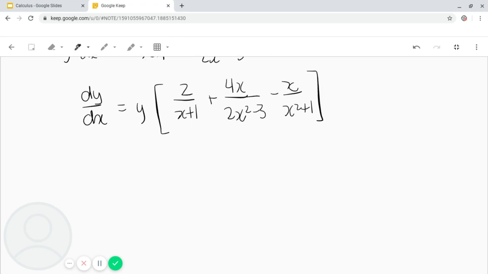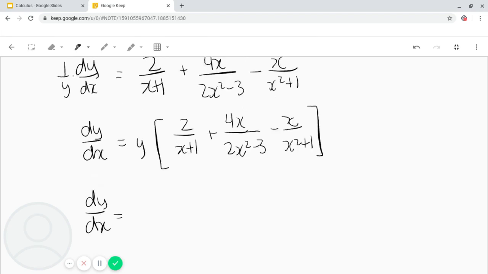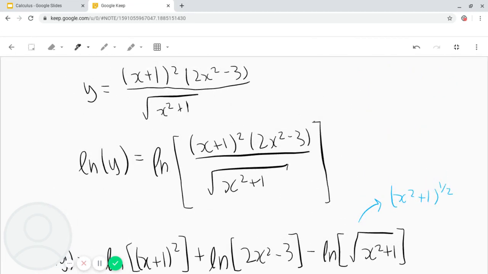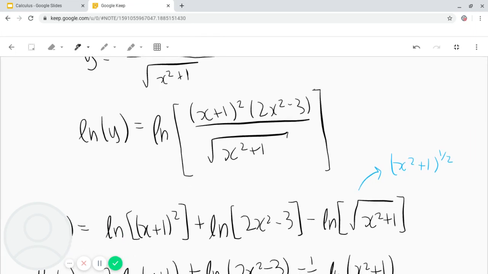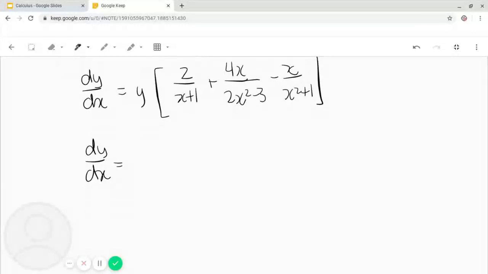And then we replace y. So dy over dx equals, and originally y was equal to (x plus 1) all squared times (2x squared minus 3) over the square root of x squared plus 1.